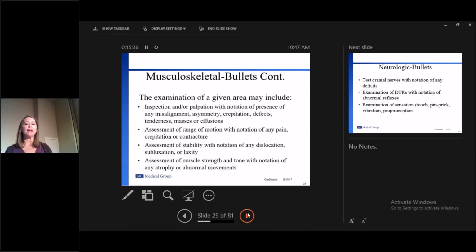Noting any pain or crepitation on your exam, or contractures. You can document their stability. If you're doing your Lachman and drawer testing, you're looking for subluxation or laxity. And then looking for muscle tone and strength, and noting any abnormal movements or any atrophy. So those can all be addressed and counted for bullets on your musculoskeletal system.